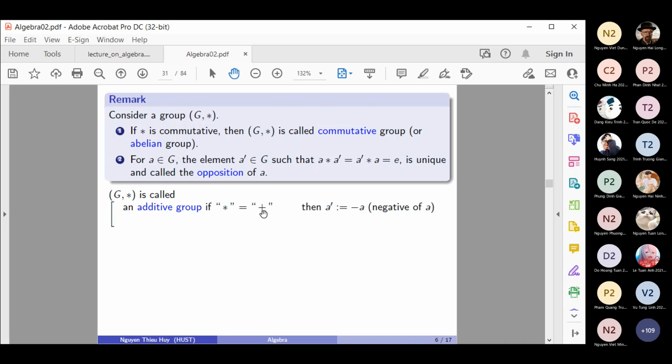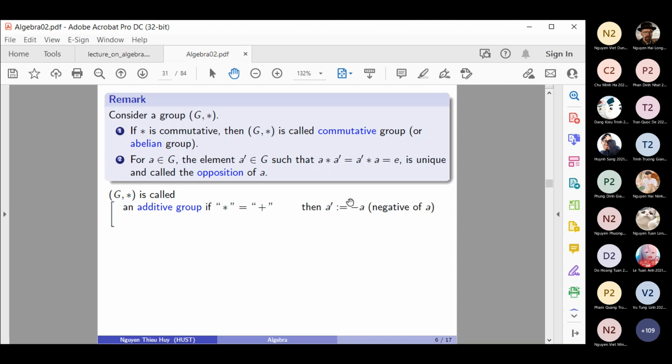In this case, this A prime is written as minus A, the negative of A. We call this the negative of A because it has the minus sign. When you replace star by plus, then A plus minus A is 0, and 0 is the notation for the neutral element related to the addition.